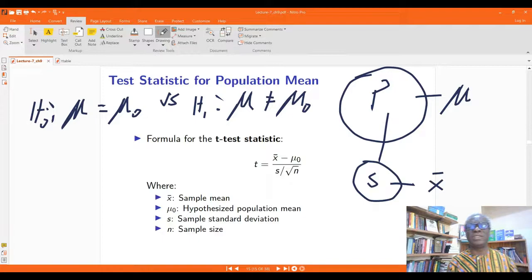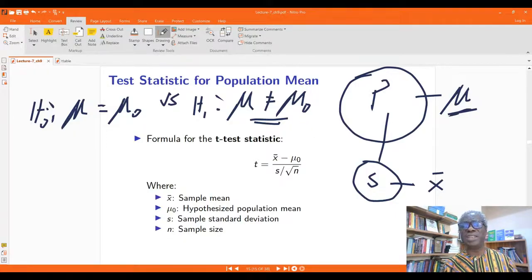And this hypothesis is a two-way hypothesis. Two-way because the alternative does not specify any direction. So it's simply saying the population mean is different from the specified value.